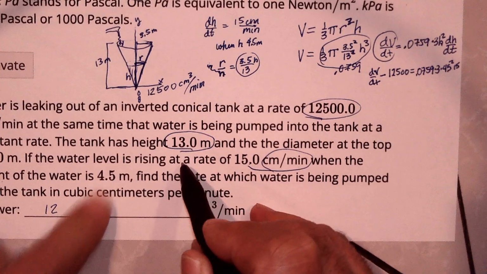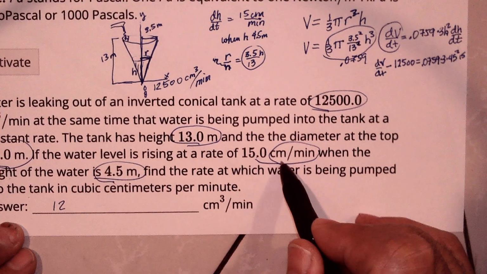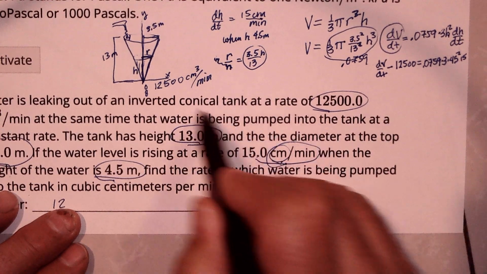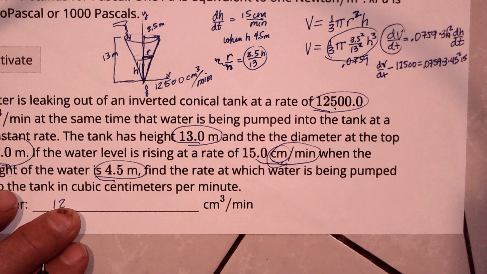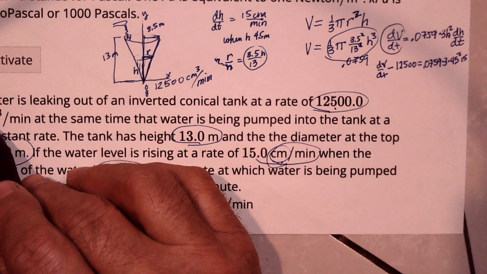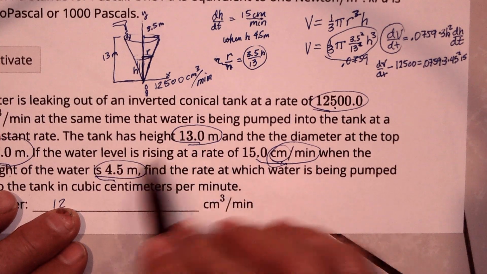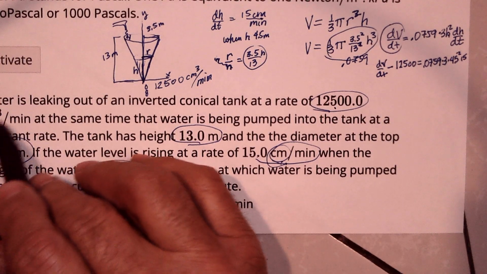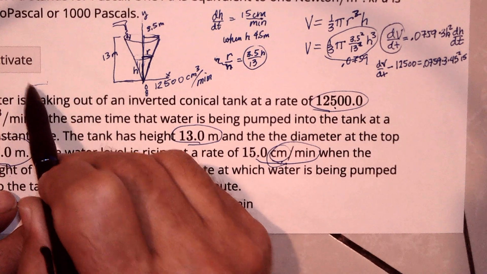Oh, this is in meters. This is in meters. This is in meters. This was in centimeters, and this was in centimeters, cubic centimeters. So I need to do some conversions here that I forgot to do. So we need to be in meters, or change these to centimeters. It takes a centimeter by a centimeter into meters.